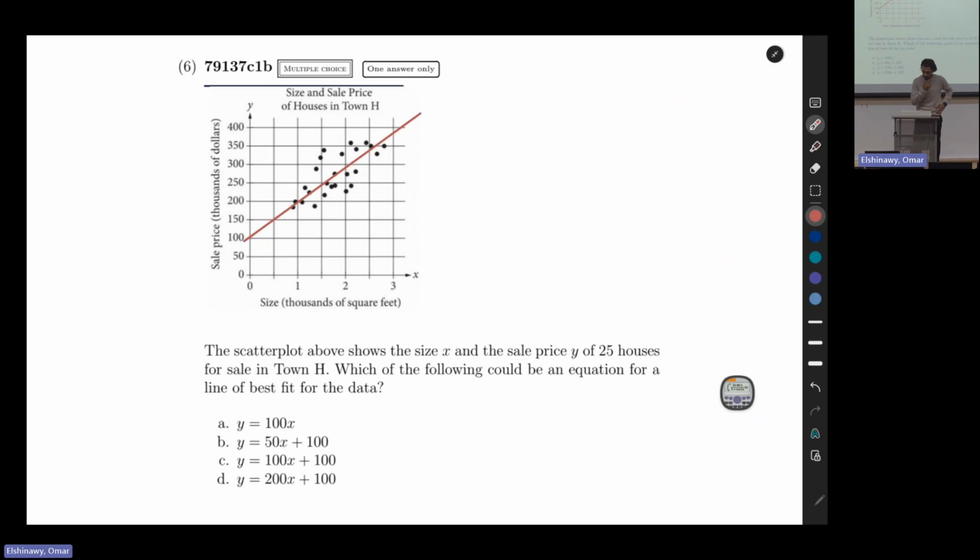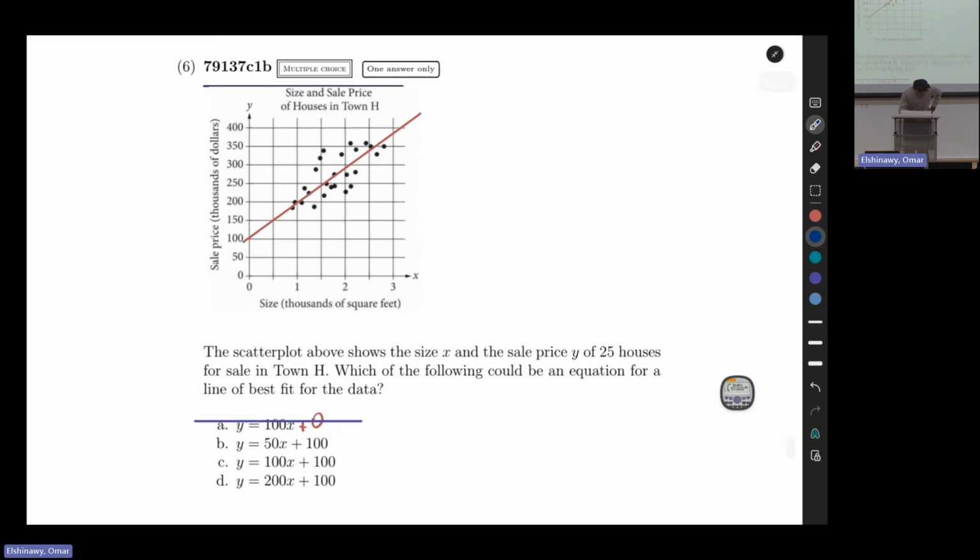I'll personally draw something that looks like this. First equation tells you that the y-intercept is going to be 0, so this is definitely not the answer. The other three have a y-intercept of 100. Doesn't help us much, but then we need to figure out the slope, because these are very different slopes. With one step in x, either y changes by 50 or by 100 or by 200.